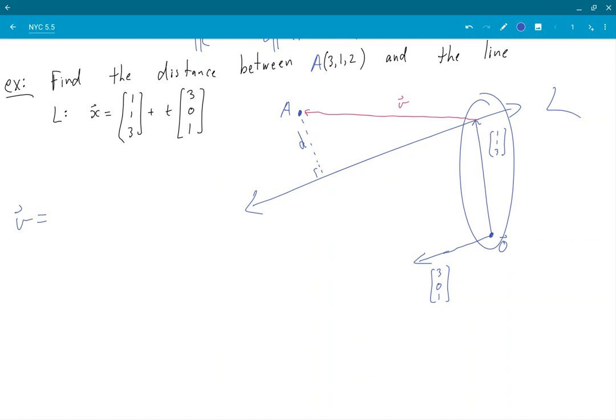I can go backwards on 1, 1, 3 to get from this point to this point. And so that's minus 1, 1, 3, and then plus the vector 0A, which is just 3, 1, 2 here. So that gives me 2, 0, minus 1.